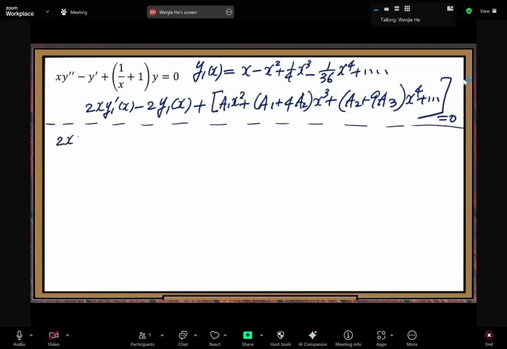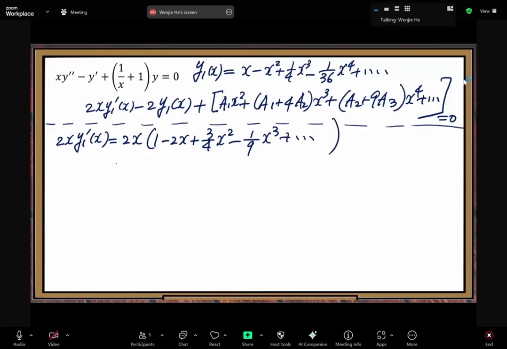So the last step, calculation. 2x y1 prime of x. Here we need to calculate one more step. 2x times 1 minus 2x plus 3/4 x squared minus 1/9 x cubed.